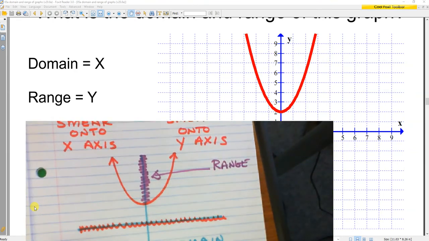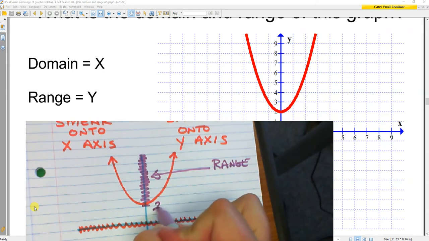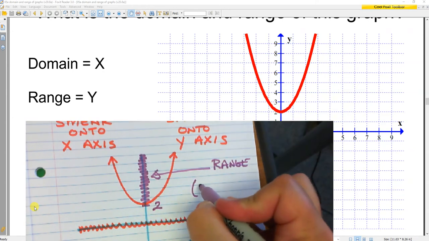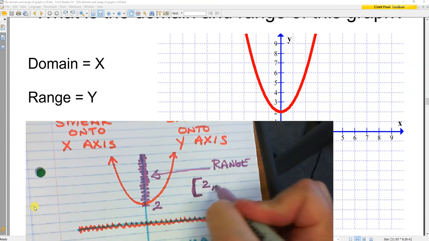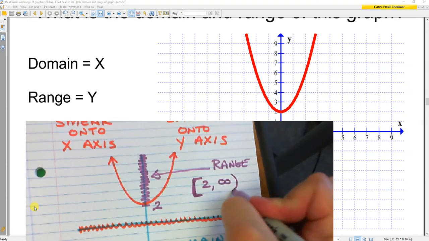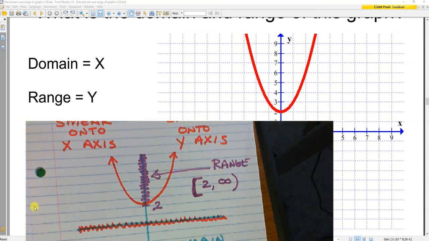And in this case, this is at 2. Actually, it's a solid circle at 2. So 2 to infinity is the range.